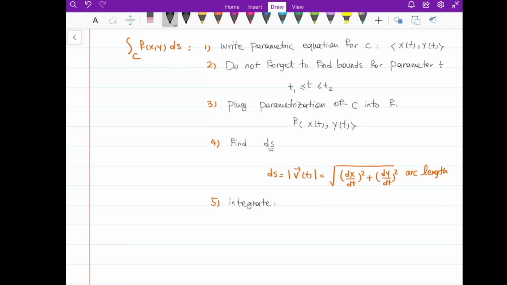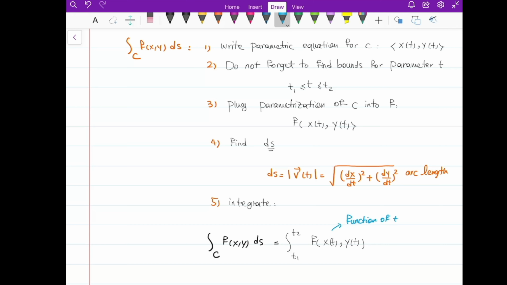So we have the integral of f of x and y ds over the curve C, which is basically the integral from t1 to t2, the bounds for t, of f of x of t, y of t. When I plug my parameterization into f, I basically get a function of t.